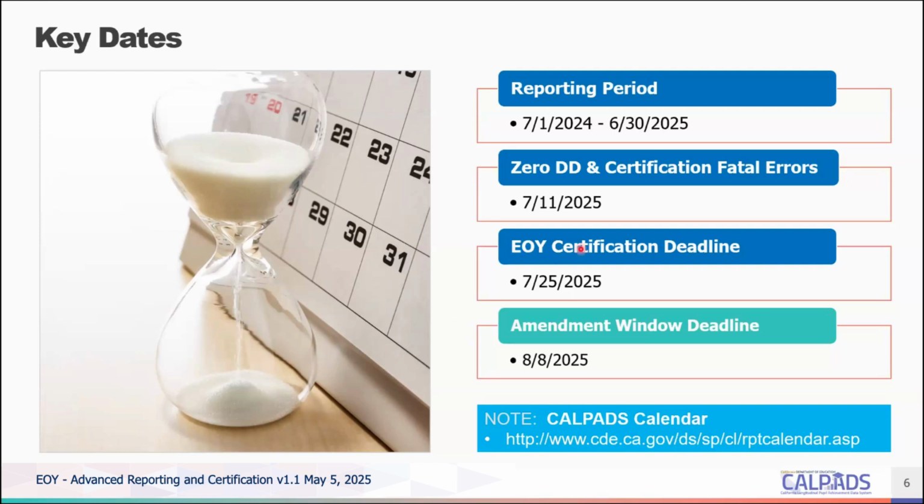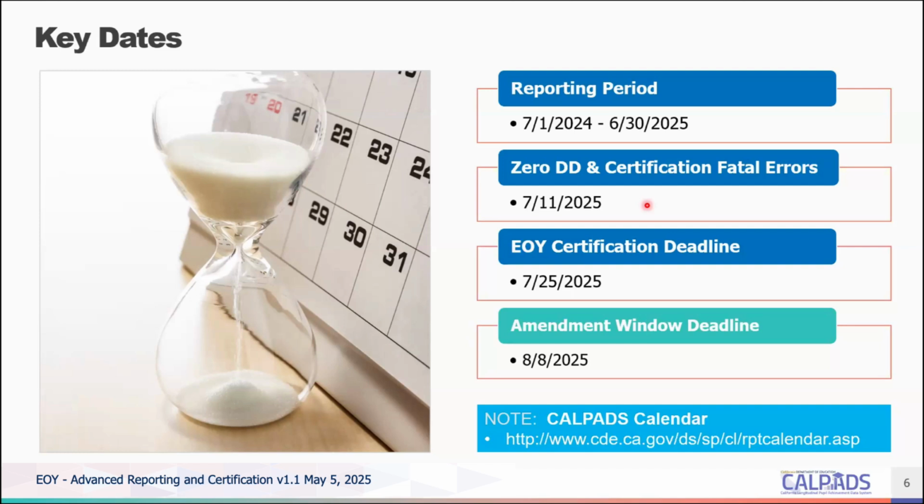And then we have a milestone for your validation errors. The CDE has suggested this milestone of July 11 this year for your EOY data discrepancy and certification fatal errors to be cleared by. So you should have your validation errors down to 0 by this date.